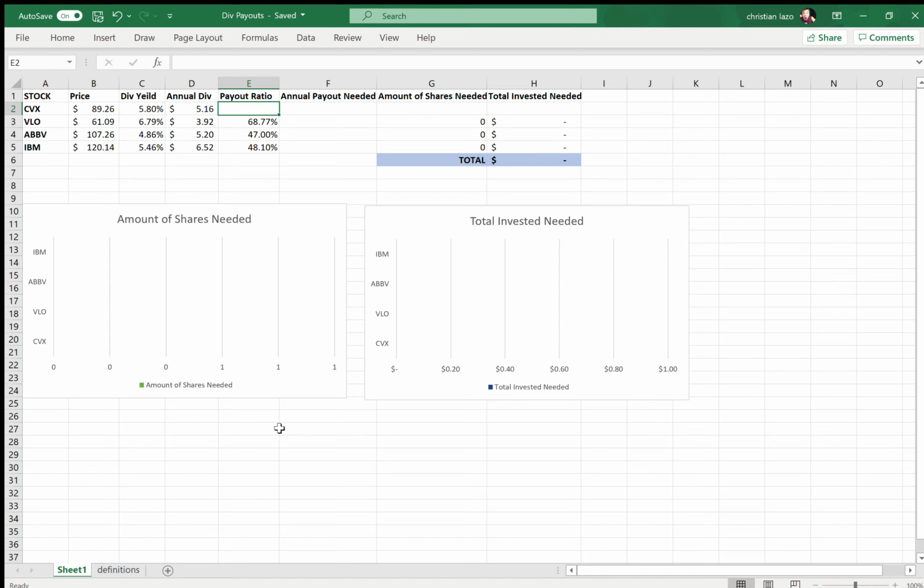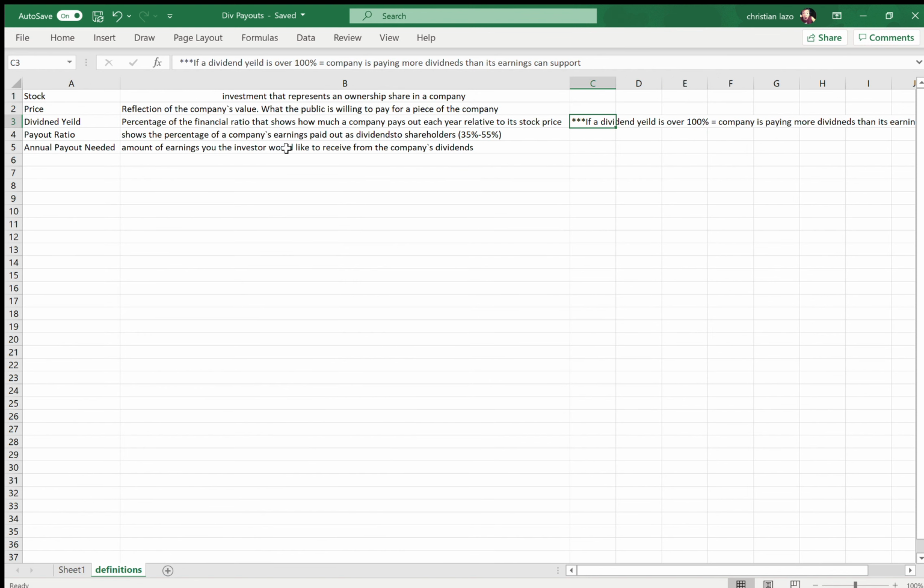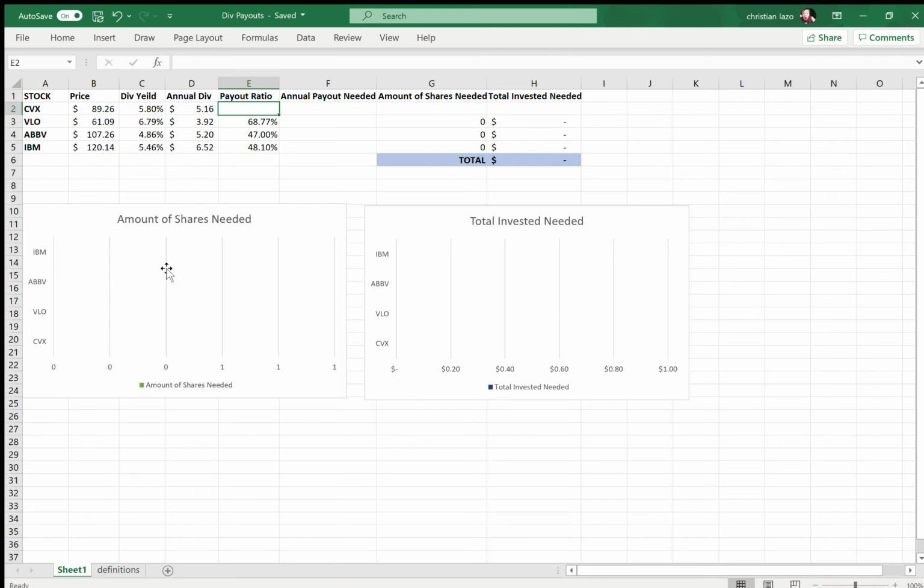Moving to the next one, let's cover payout ratio. By the way, before I give you the definition, a good payout ratio is between 35 and 55%, I believe. Yep. It shows the percentage of a company's earnings paid out as dividends to shareholders. Let's see what Chevron's payout ratio is.